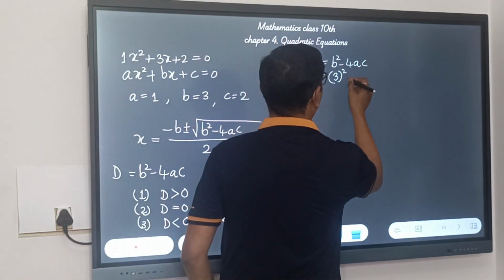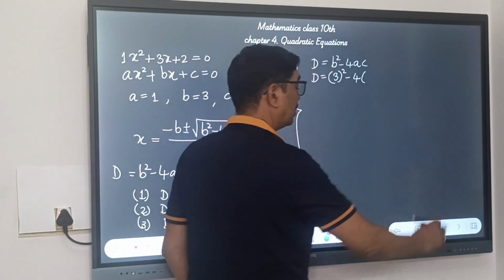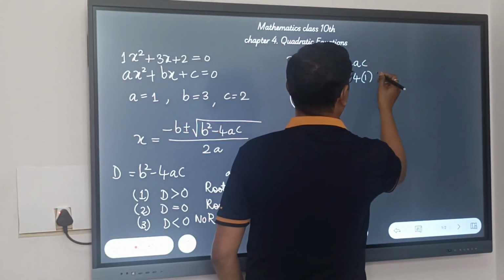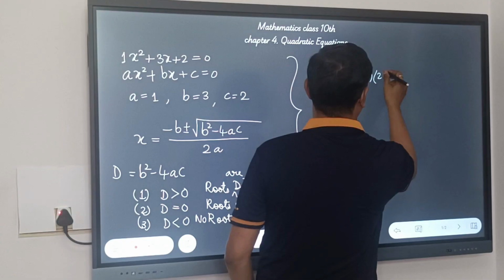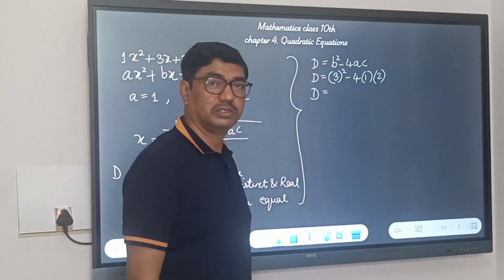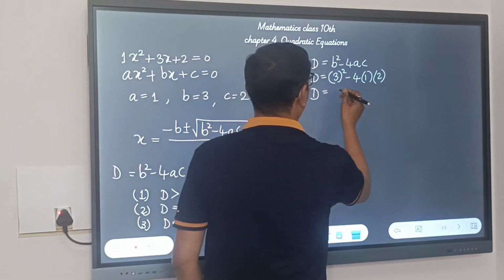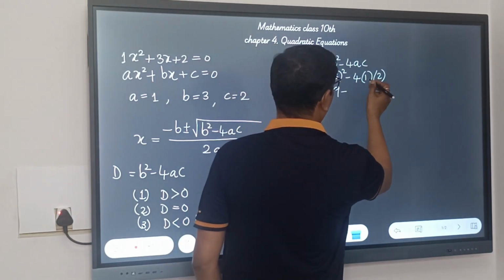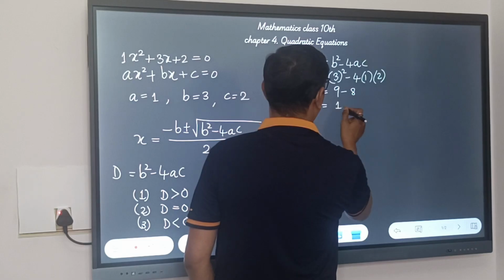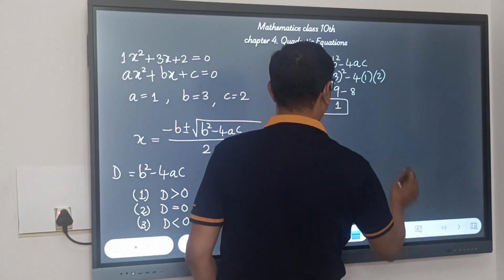So 3 square minus 4. In place of a, you substitute 1. In place of c, substitute 2. So you get d is equal to 3 square. 3 square is how much? 3 into 3, 9. So 9 minus 4 into 1 into 2, that is 8. So how much are you getting for d? 1.